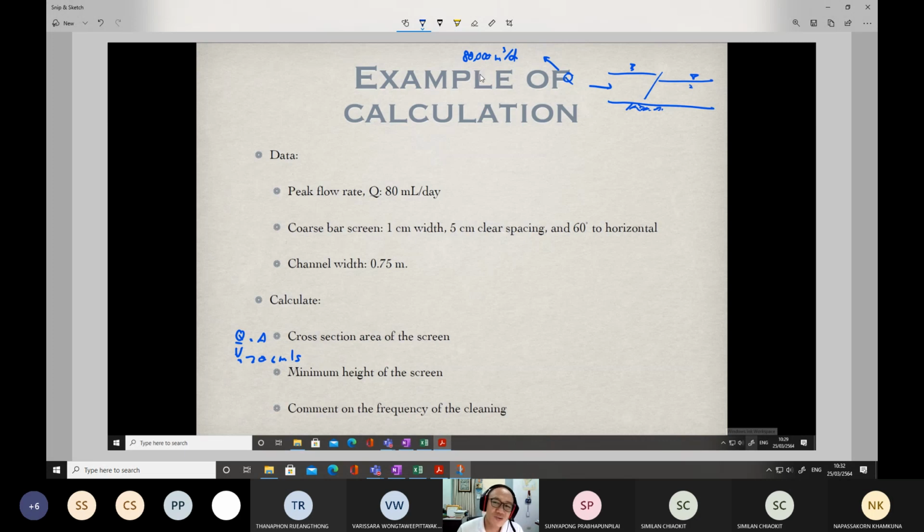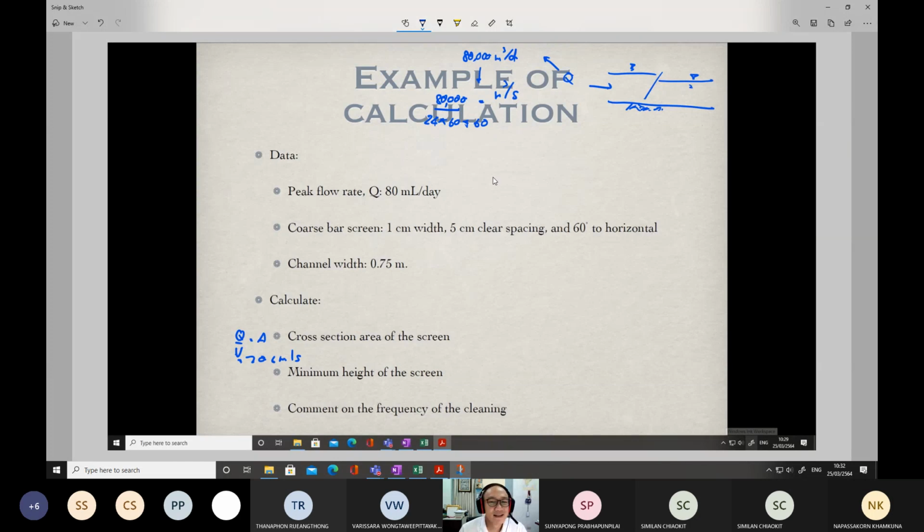So you just convert this into cubic meters per second by taking 80,000 cubic meters per day, divided by 24, divided by 60, divided by 60 again, and you will get the flow rate expressed in cubic meters per second.